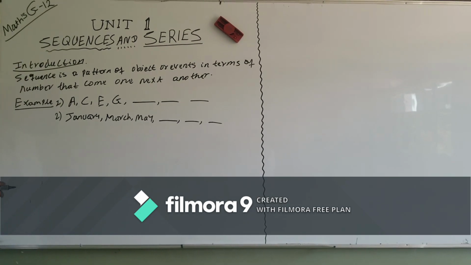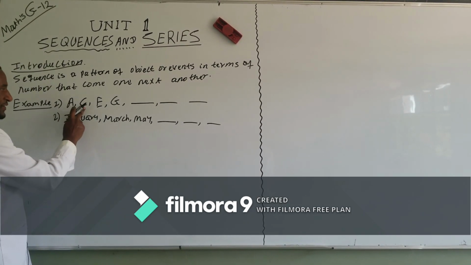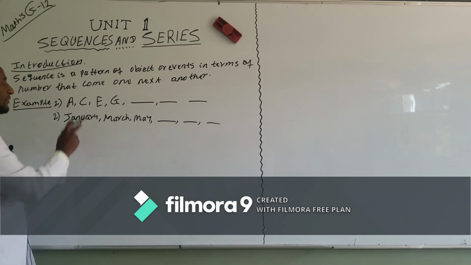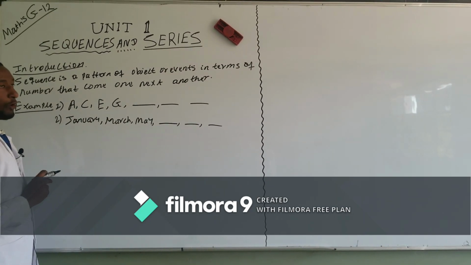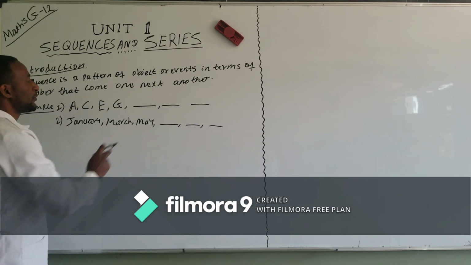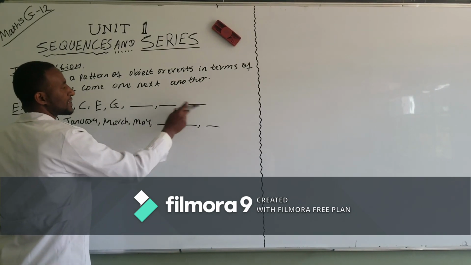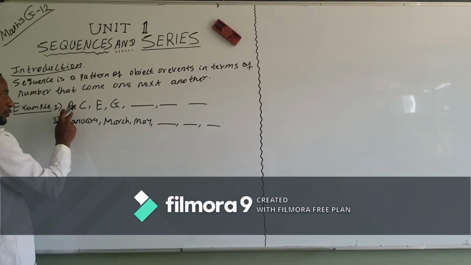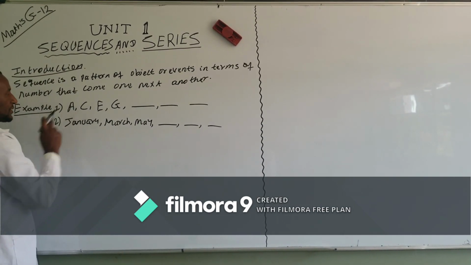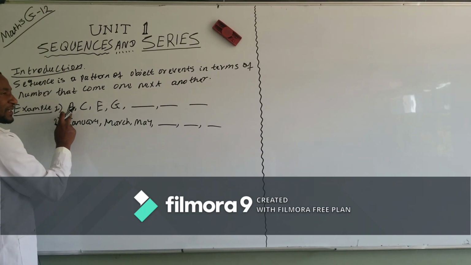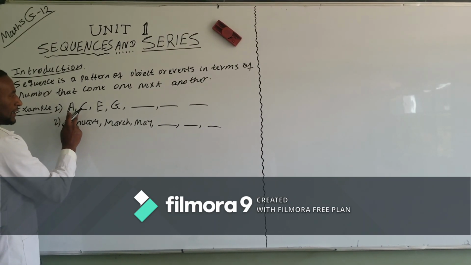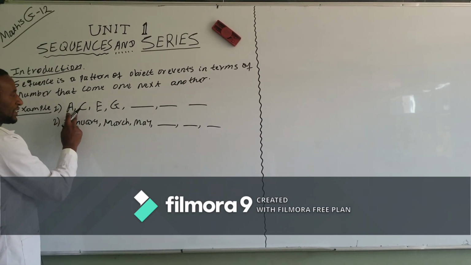By considering the previous terms of this pattern, we can judge the next terms by following the rule of the previous pattern. In this pattern, we miss one letter in the alphabetical order.